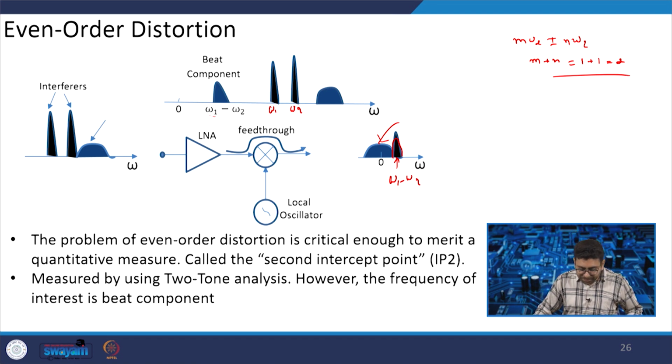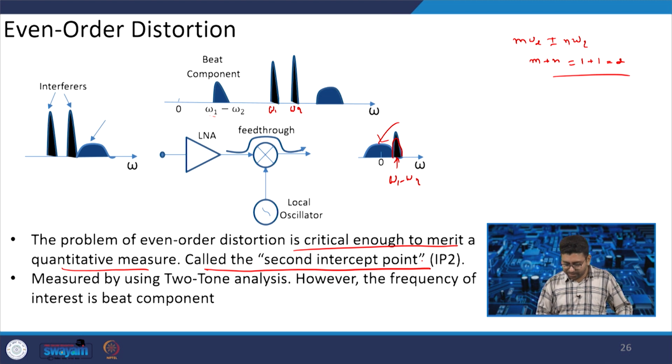The problem of even order distortion is critical enough to merit a quantitative measure, and this is called the second order intercept point, IIP2, the input intercept point which is second order, and this can be measured by two tone analysis.